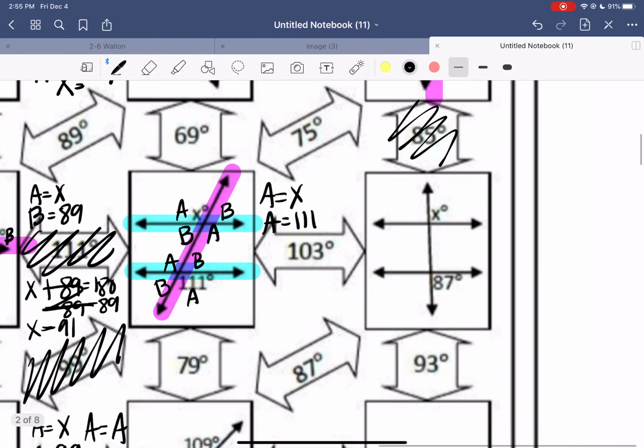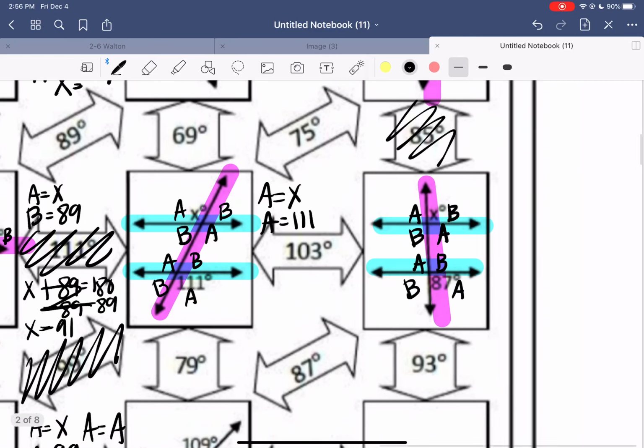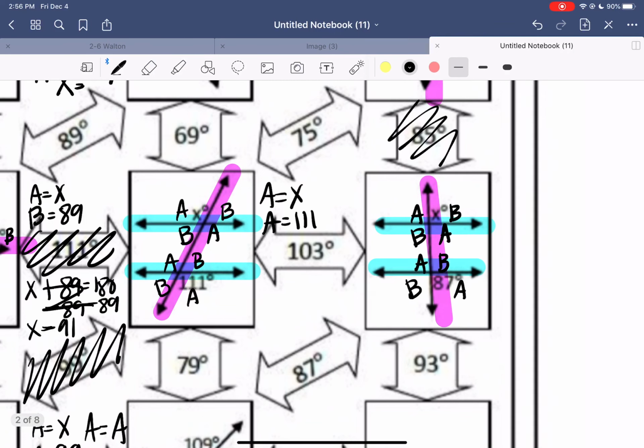All right, here we go. We have two parallels cut by a transversal, and we get A, B, A, B, A, B, A, B. And we're looking for, we have a B equals X and an A equals 87.